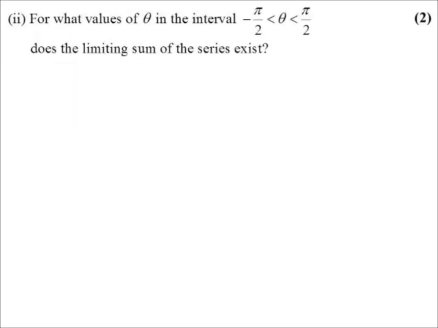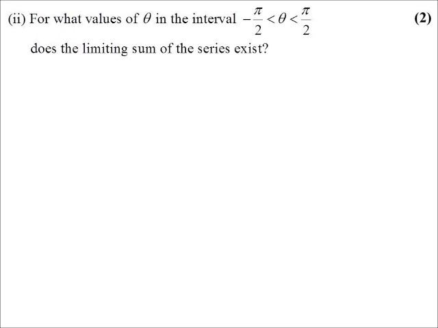So that's why in the next part they've restricted theta to be in between minus pi on 2 and pi on 2. Because remember, the ratio was tan squared, or minus tan squared theta. But the tan of 90 is undefined. So for a start, we're going to have to restrict that. But also, if that ratio gets bigger than 1, we're going to have a problem too.